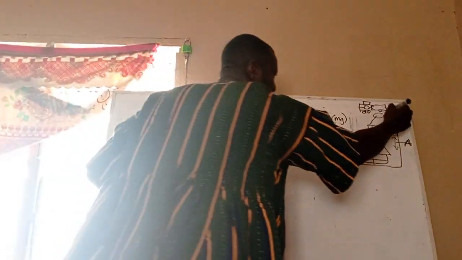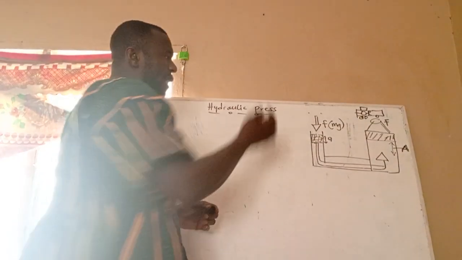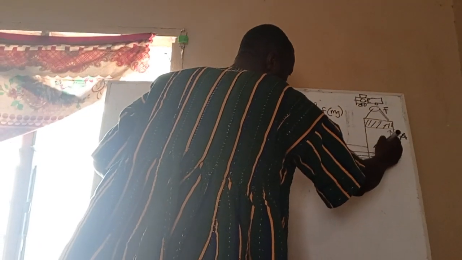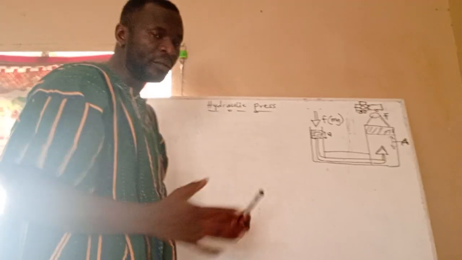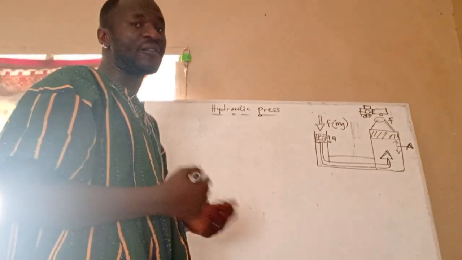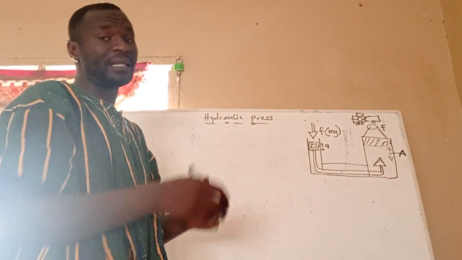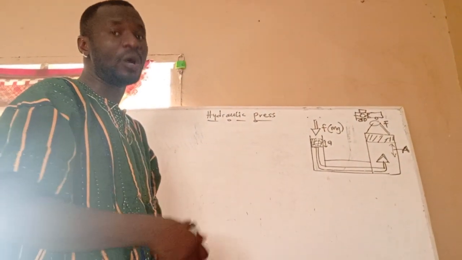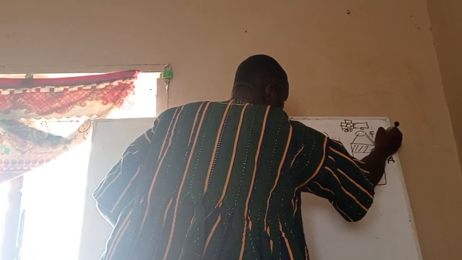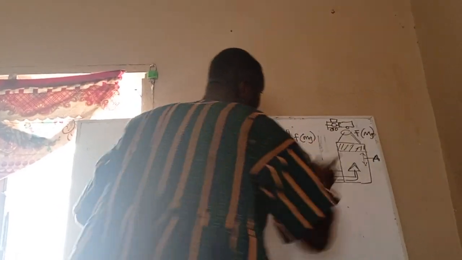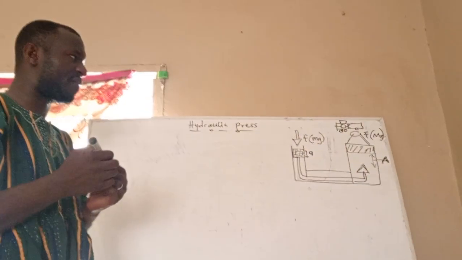Then capital F represents the force applied for the car or object to be raised. We also know that force is calculated by mass and gravity, or mass and acceleration. So we represent capital M and g for the big F.